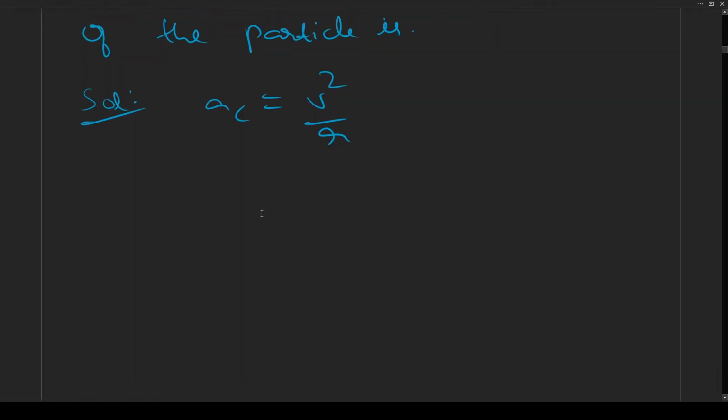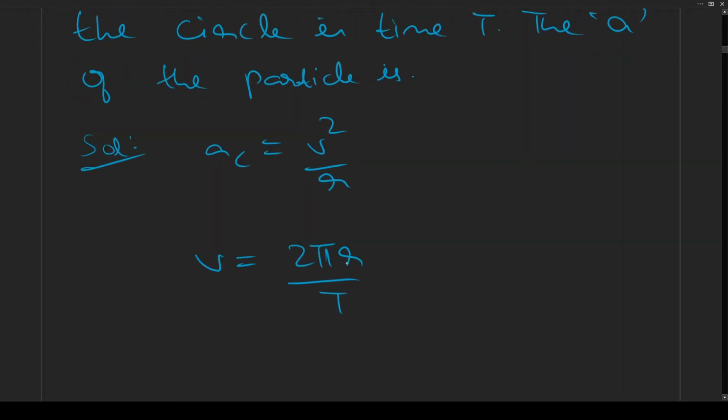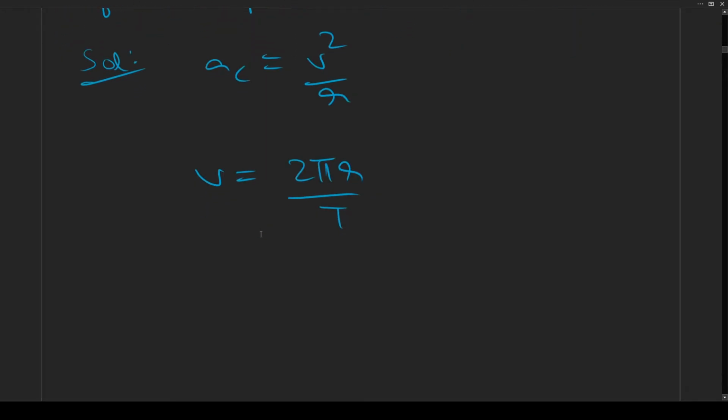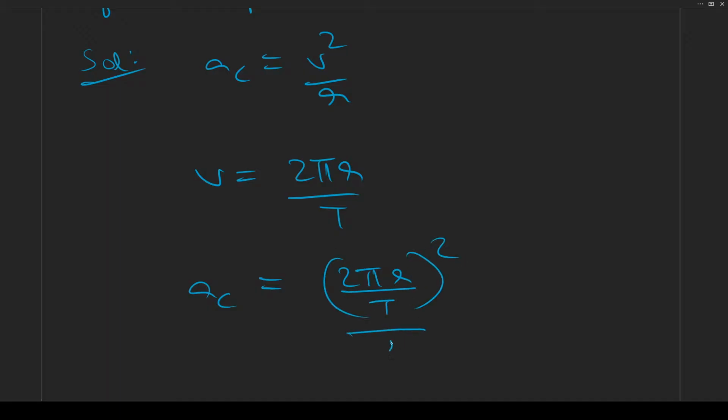Centripetal force is mv square by r, so v square by r is the acceleration, and v we know as 2πr by t, that is what they gave here. The acceleration is equal to (2πr by t) whole square by r.